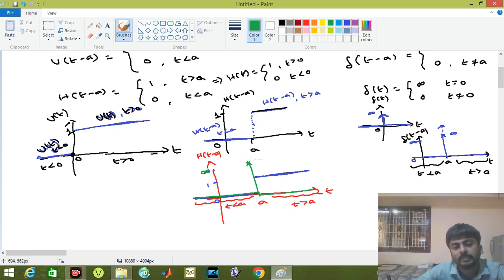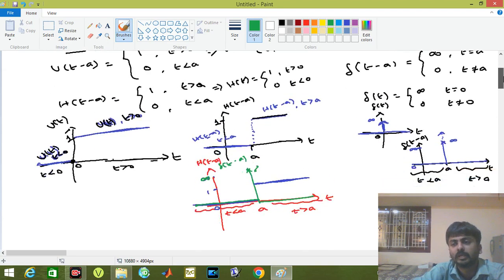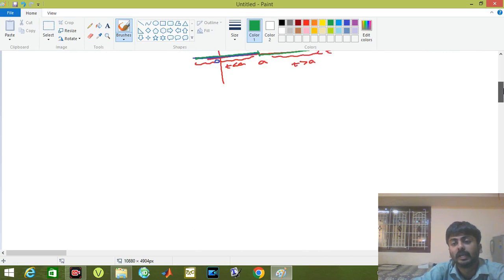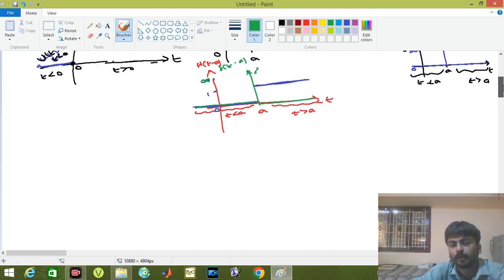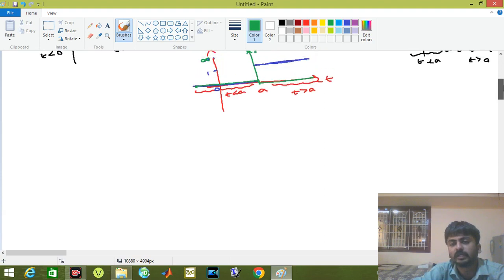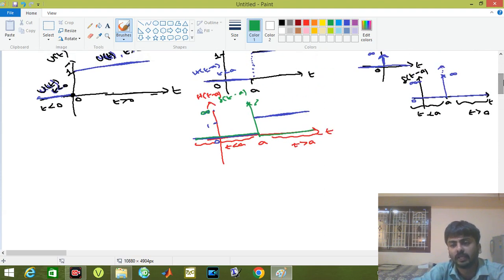This is your delta of t minus a. The blue line represents the Heaviside function. The green line represents the Dirac delta function. For these two functions we are going to define the Laplace transformations. I hope you understand the unit step function and the unit impulse function very clearly.